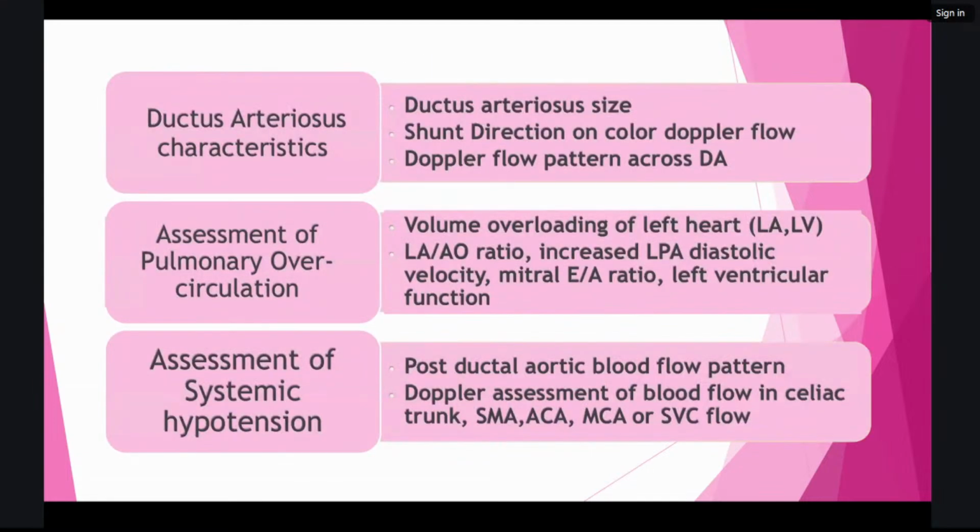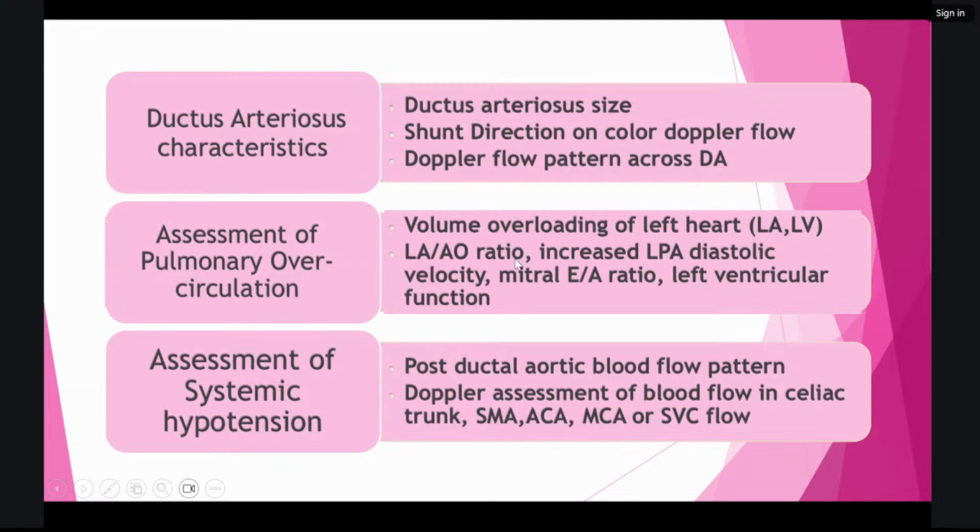So there are three parameters. First is the ductus arteriosus characteristics, which are ductus arteriosus size, the shunt direction on color Doppler, and the Doppler flow pattern across ductus arteriosus. Then we see the assessment of pulmonary overcirculation, which is by the volume overloading of the left heart, as we have already discussed.